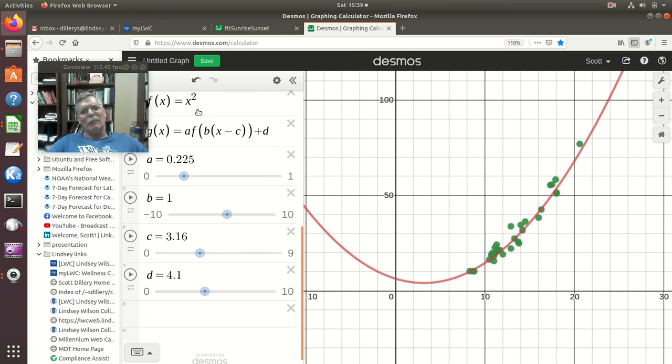So we're kind of deciding, well, we think, maybe it's a parabola, so we use x squared, and we decide to stick with that and then change our function this way. But certainly, again, more sophisticated software and work would allow us to not only change the A, B, C, and D, but also maybe change that power if we wanted to.